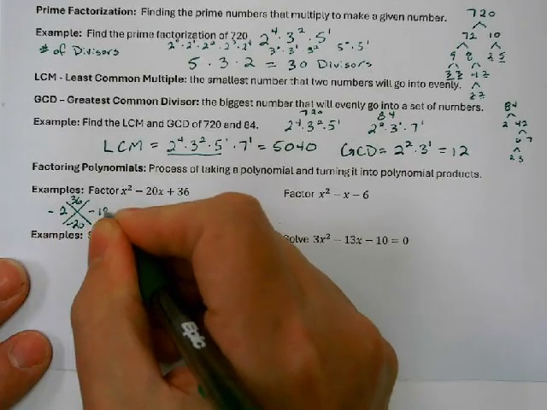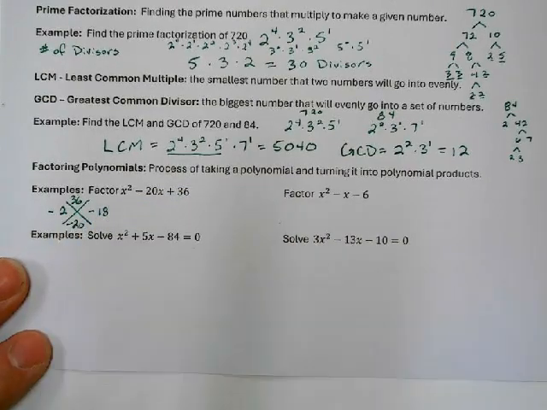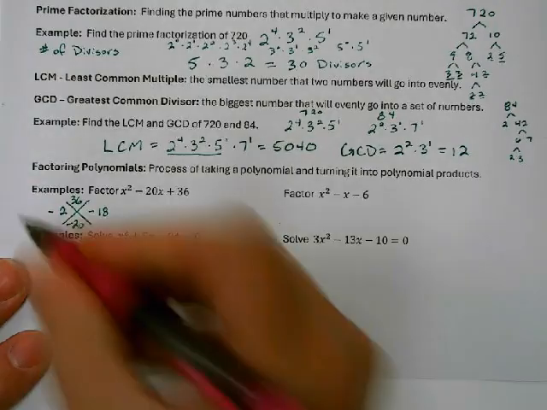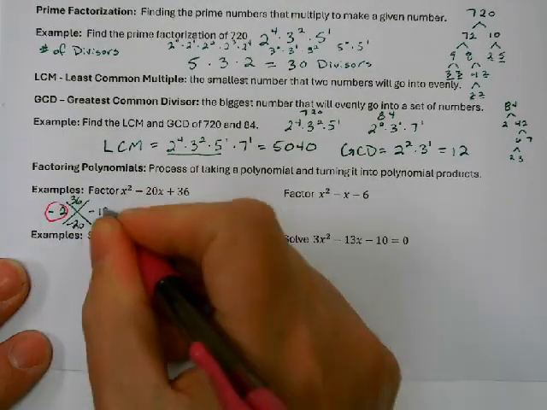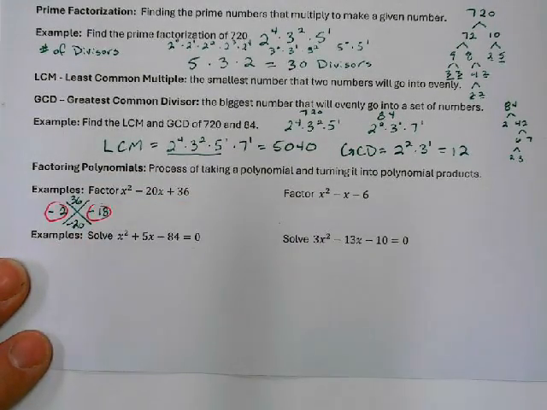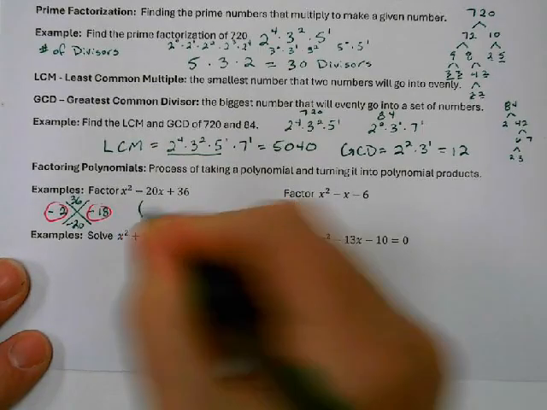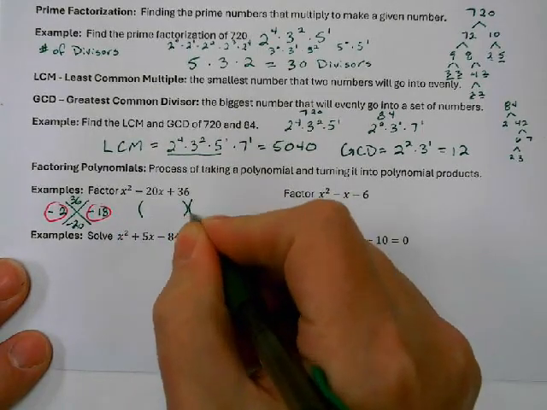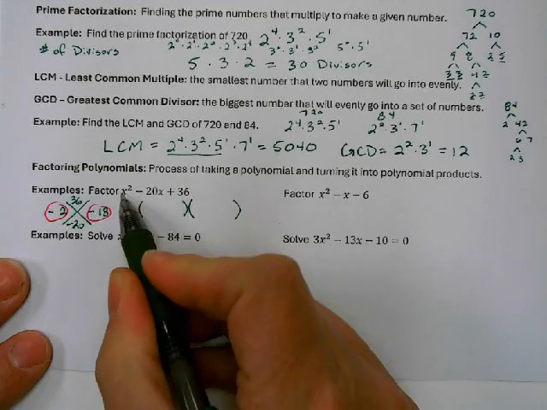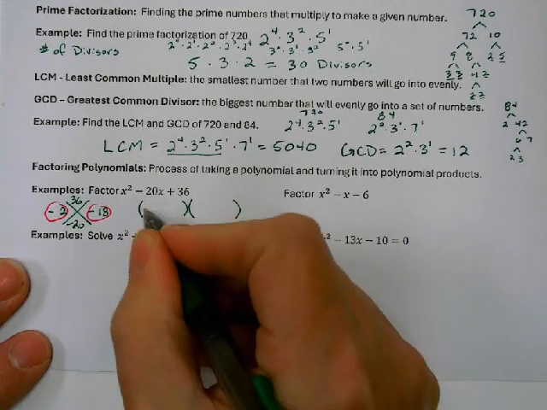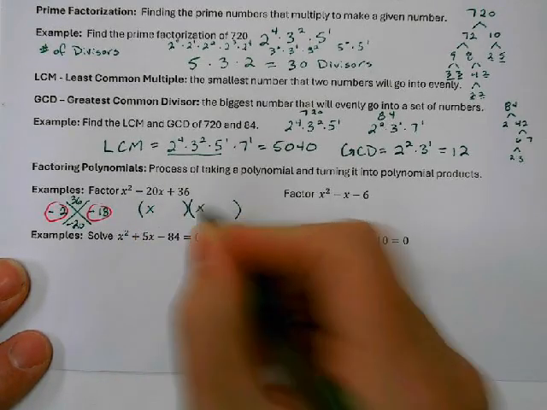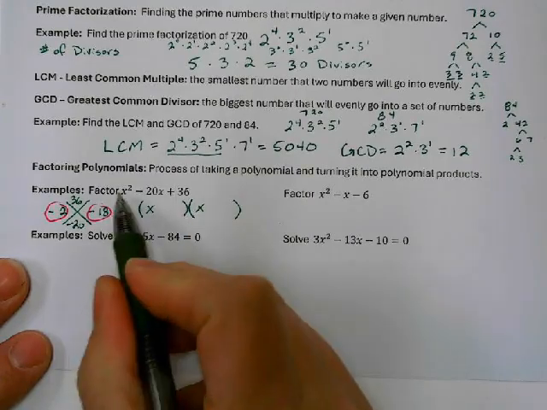All right, so these two numbers we've just found become part of my factors. X squared is x times x. That's how we're getting x squared. The x is multiplying by the x.